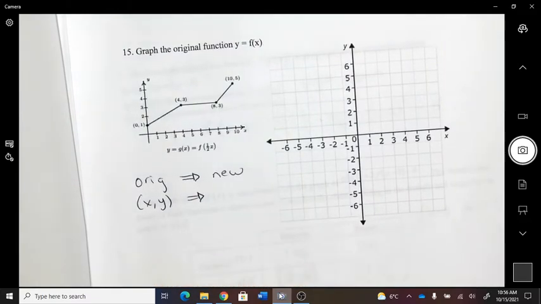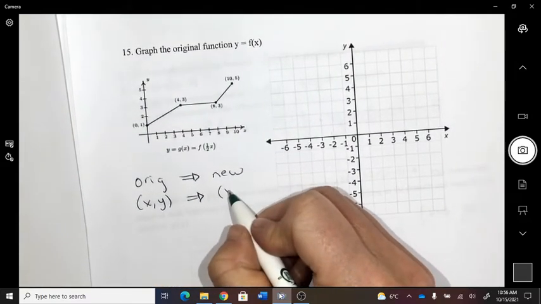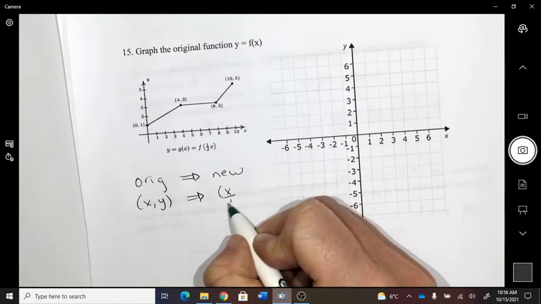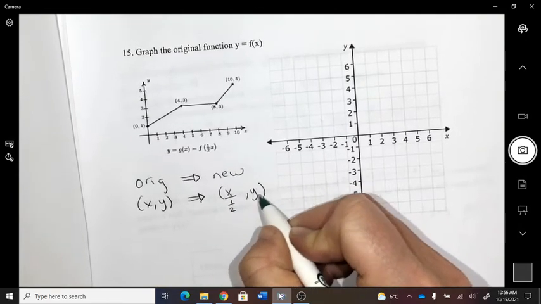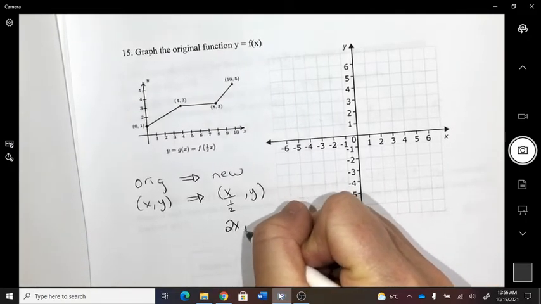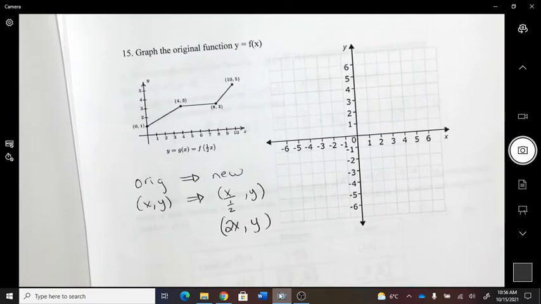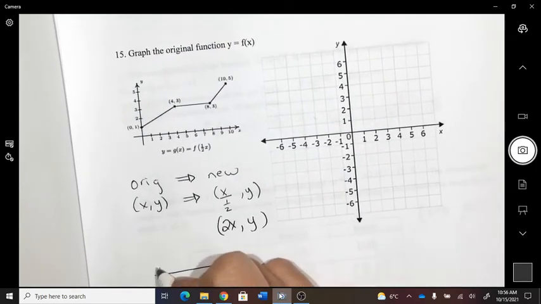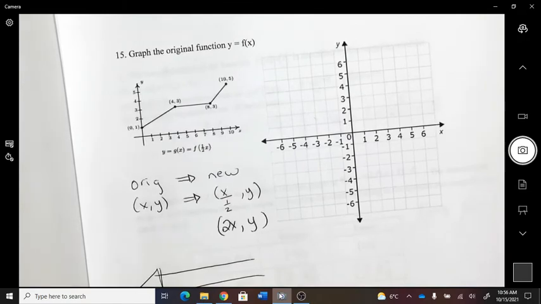So this time I would have done that. If I had started at the original, I would have done that, which is the same thing as doing that. But now I got to figure out how to go backwards.